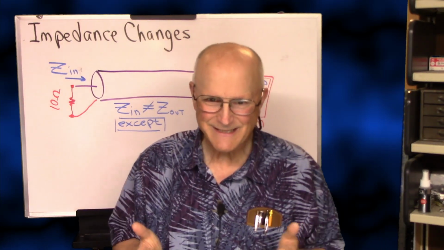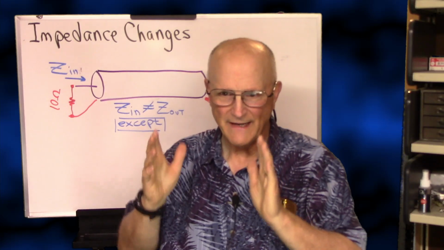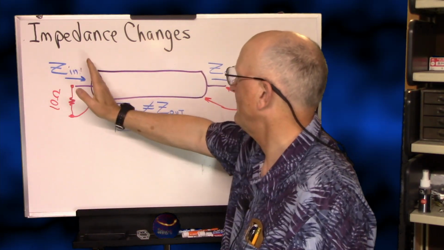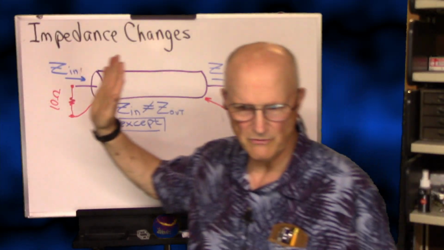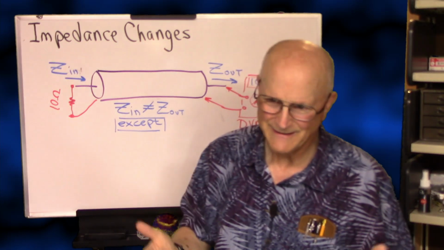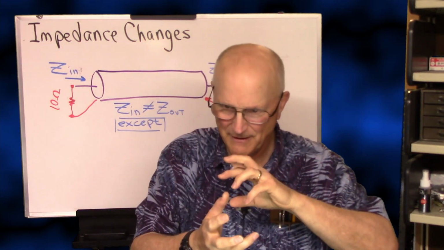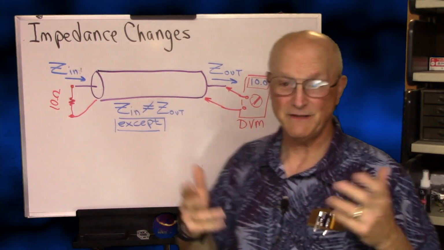The reality is the impedance changes in such a way that the SWR remains constant. You see, in our mind, we think, well, if the impedance is going to change, then the SWR is going to change too. Well, like I said, it doesn't. It just changes in such a way that the SWR doesn't change, but the impedance does.